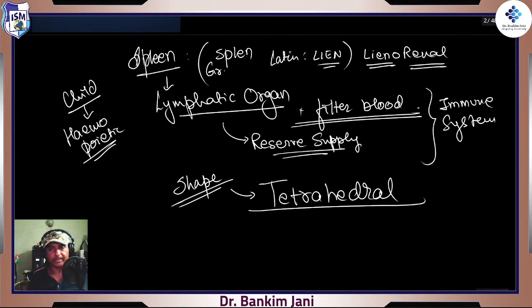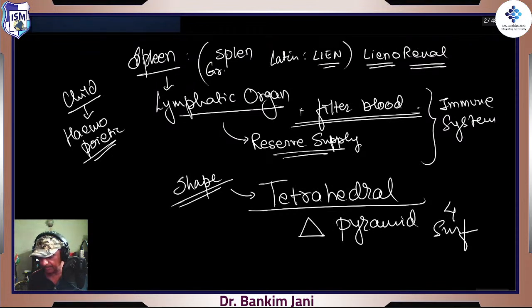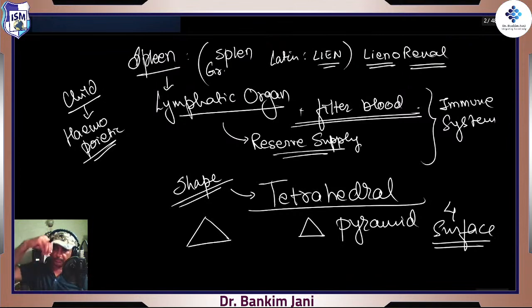In shape, it is technically called tetrahedral. So it is a triangular pyramid, and as we saw, it has four surfaces. Every border would be properly defined. So that's the base, and then it is pointing in the air, and all of them meet at one point.